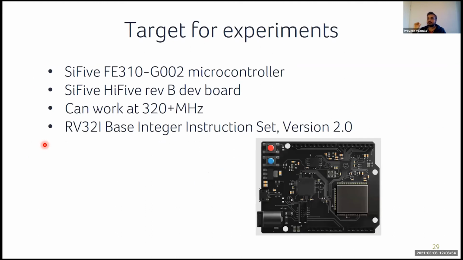Now, we have seen all the theory, and we want to see how to perform this attack. Before we describe the actual attack itself, the target. This is a microcontroller from SiFive, based on RISC-V, and we specifically used a HiFive1 Rev B development board.